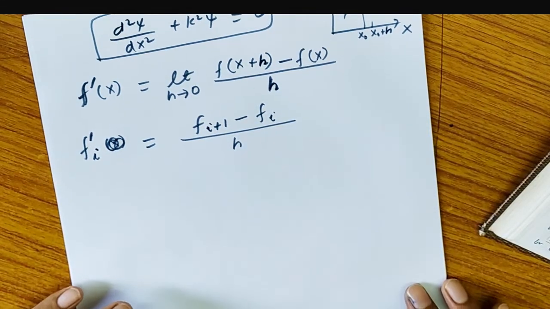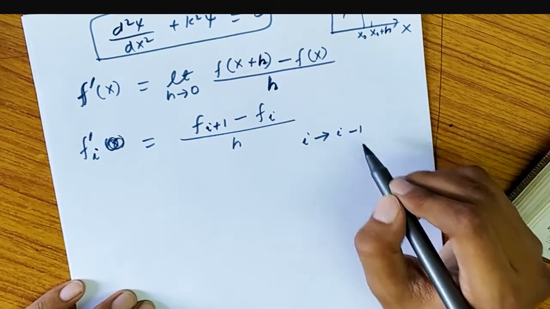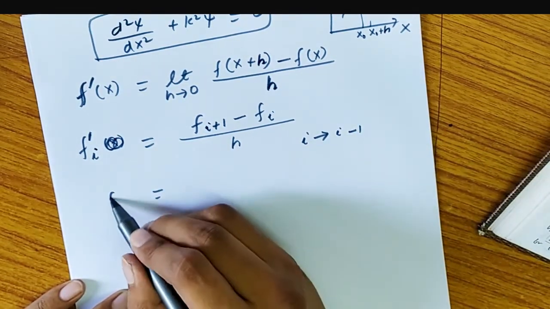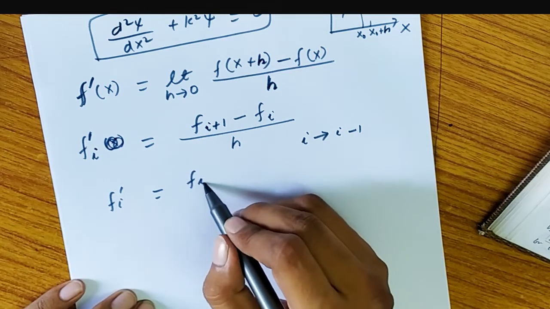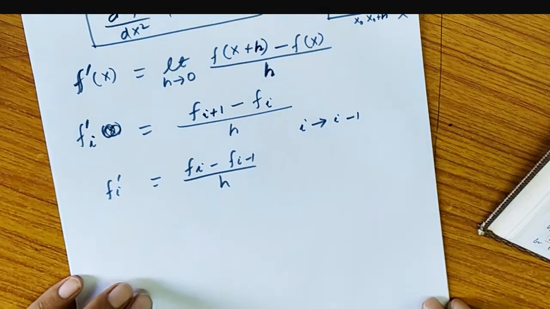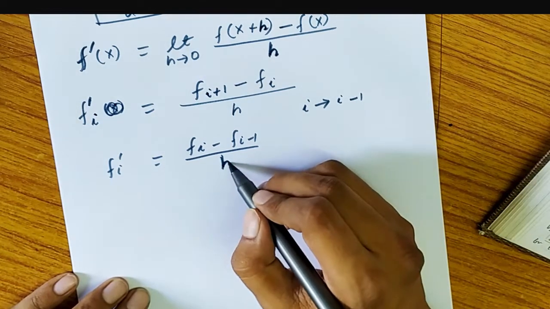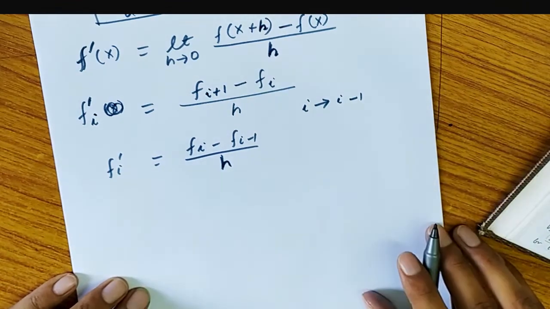I can also say that I goes to i minus 1, and the definition will be the same, with i minus 1 over h. So the idea of defining the derivative of any function is you take the value at a certain point, increase or decrease from that value, and divide by the step, and you will get the derivative.